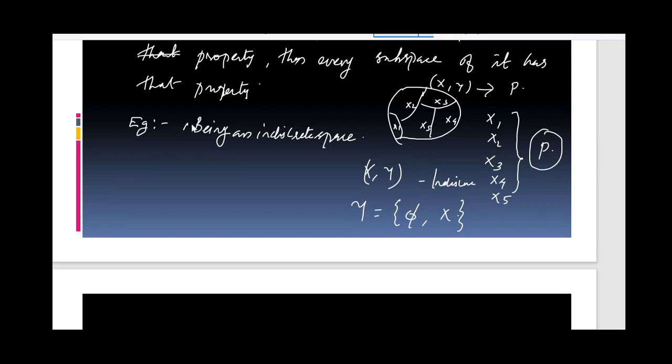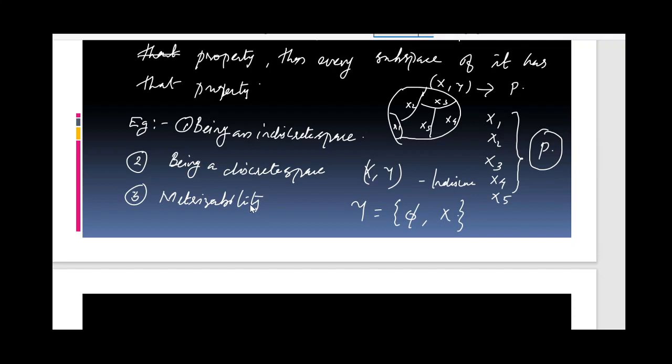Second one, being a discrete space. Next one, metrizability.